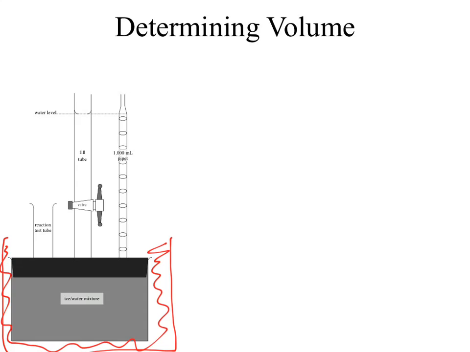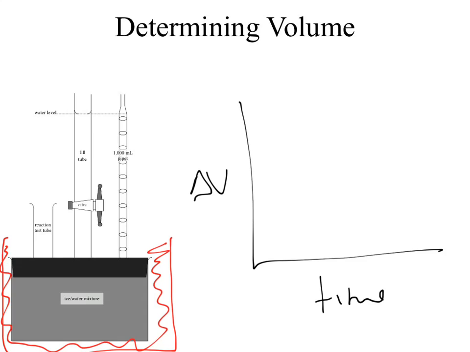Okay. What we would hope is that if we ran our experiment and we looked at the change in volume, we said time and our change in volume, in theory our volume would be at a maximum up here and it would flatline. That's a flat line. What happens?